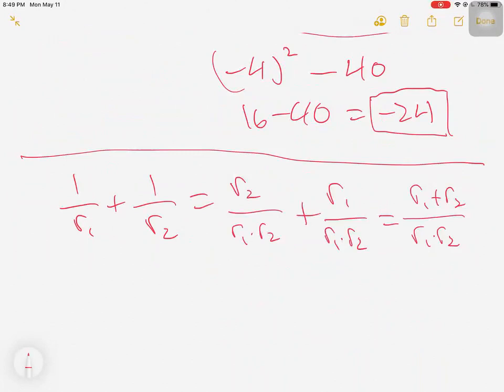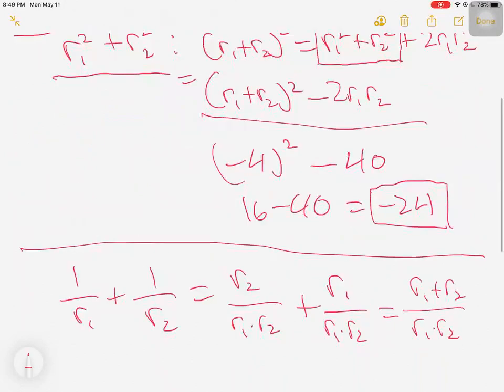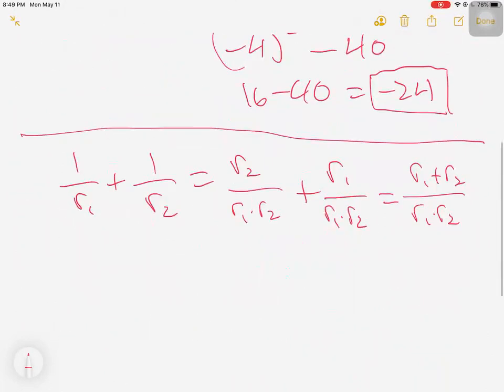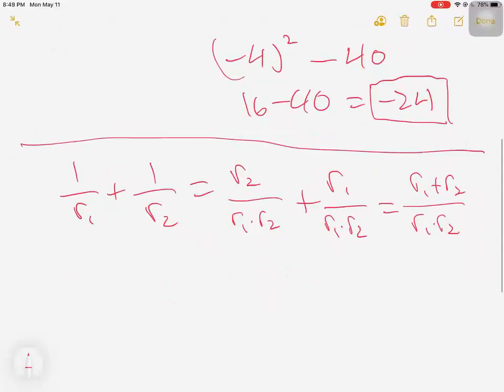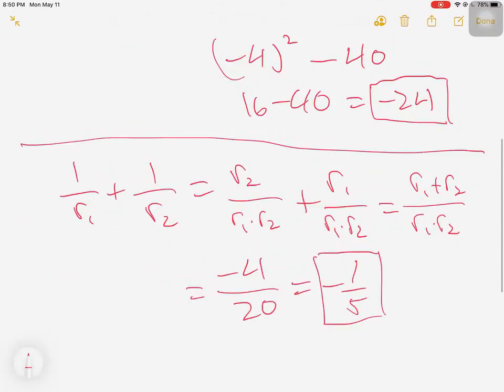And look at that, we have both of our values that we know. So we just do negative 4 over 20, and we get negative 1 over 5. That's going to be the value of 1 over r1 plus 1 over r2.